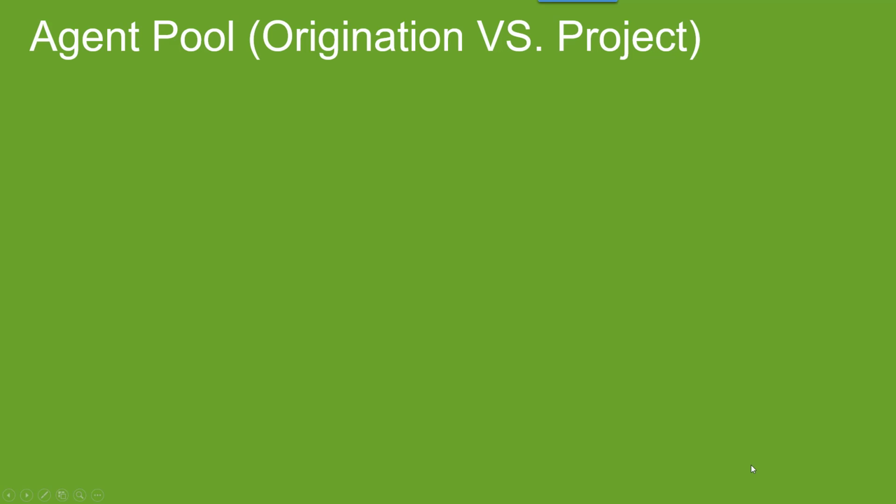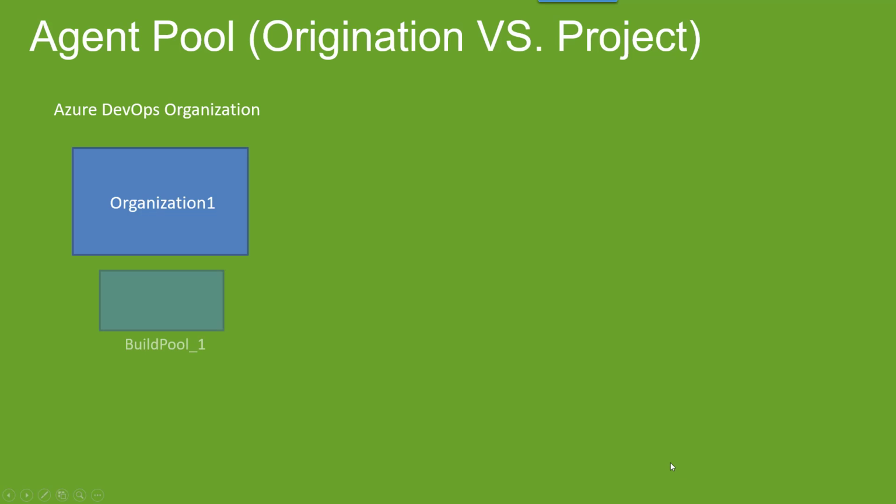Let's understand the difference between organization agent pool and project agent pool. So let's say that I have an organization one, and then I start by creating an agent pool on the organization called build pool one. So this is an agent pool on the organization level.